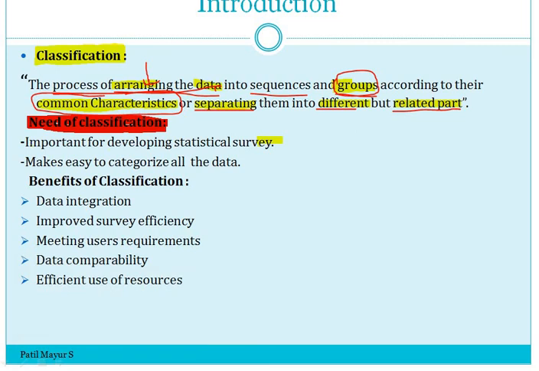It is important for developing a statistical survey. Without classification, the statistical survey that we perform will not give any meaningful result. The second thing is that it makes it very easy to categorize all the data. Classification helps to categorize the data. So that is the need of classification.